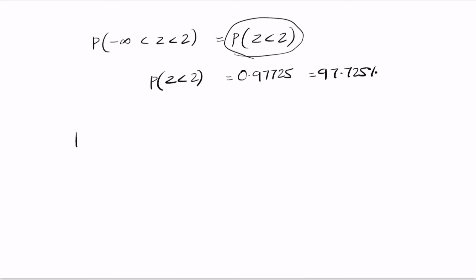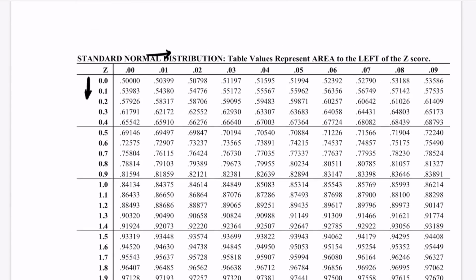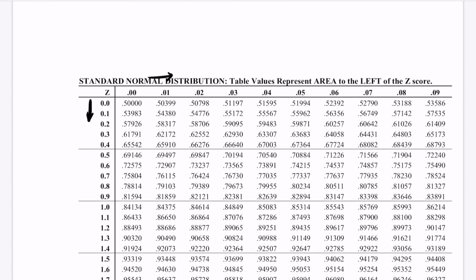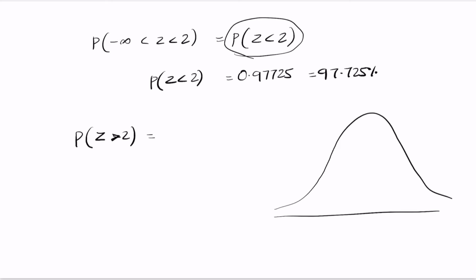Now in the same way, let's try and find z greater than 2. How would you find z greater than 2? Notice that in the probability table, all the values are written in such a way that the probability that you find is z less than or equal to z. So if you take this distribution here, when we take the value for z equal to 2, we are finding this entire probability here.